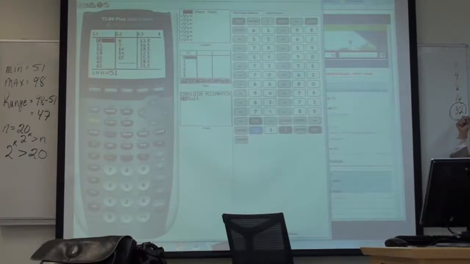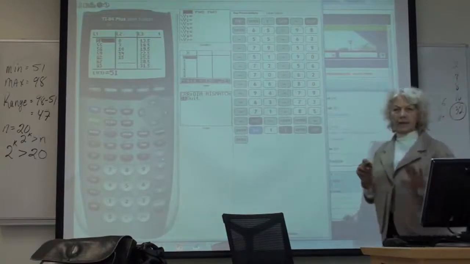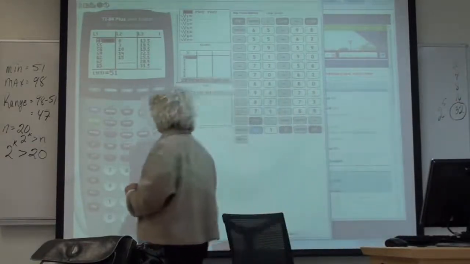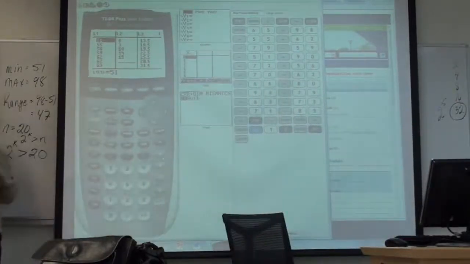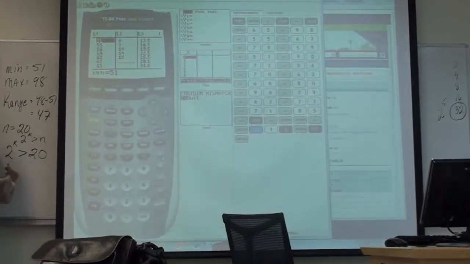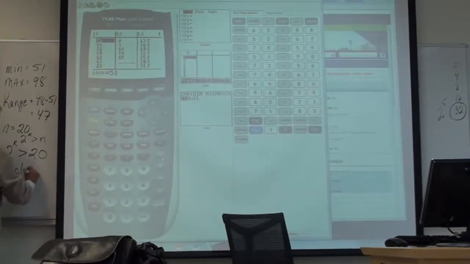You see, 16 will be too low. And this is 2 to the 5th. So we're recommending that you have 5 classes. So the number of classes is equal to 5. It's a recommendation. It is not a rule. Well, they call it the 2 to the k rule, but I don't have to stick with it. I might end up with 6. I might end up with 4.